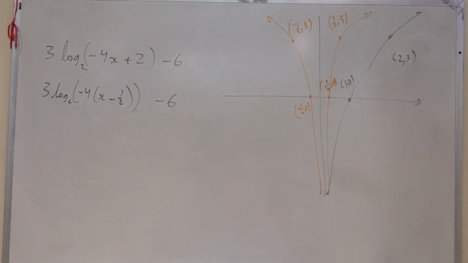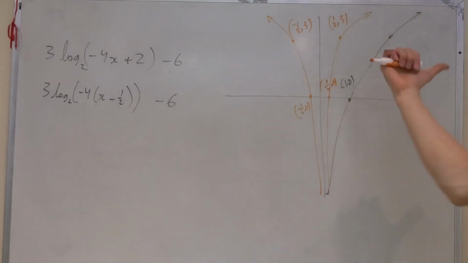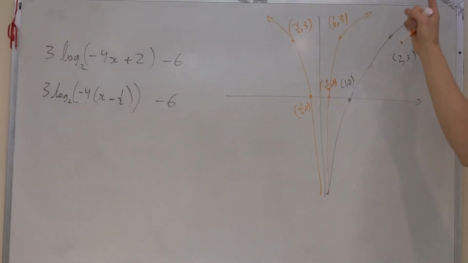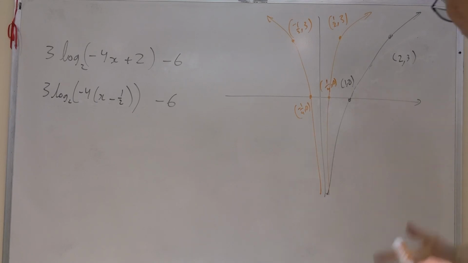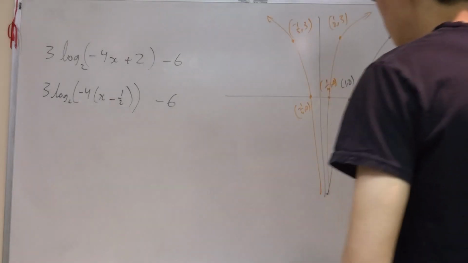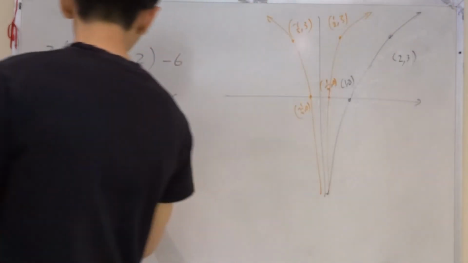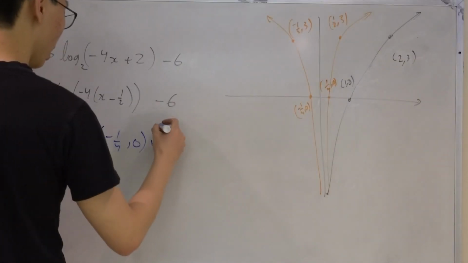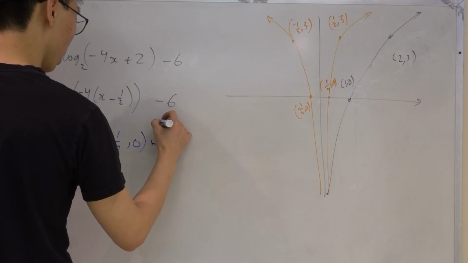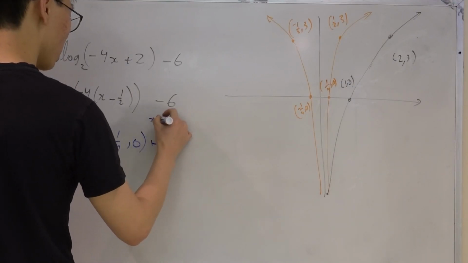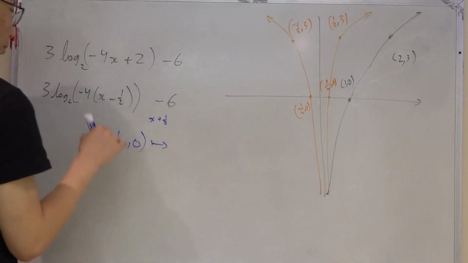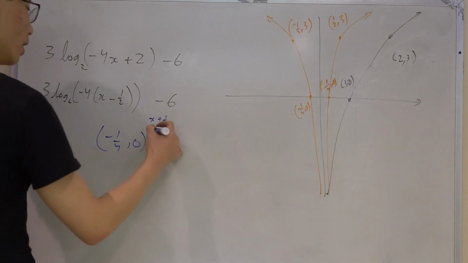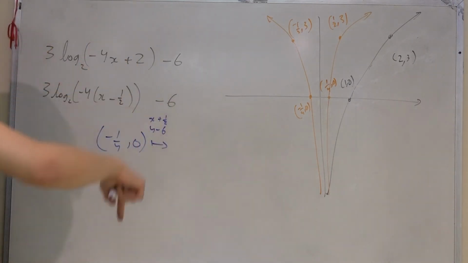All right. Then to finish it off, you just take care of your translations. So let's see. Here, we're going to shift it right by 1/2 and then down 6. Maybe I'll do the final one in blue. So if we take the point negative 1/4, 0 and shift it right, so x plus 1/2, we're going to shift right by 1/2, and we're going to shift the y down by 6.